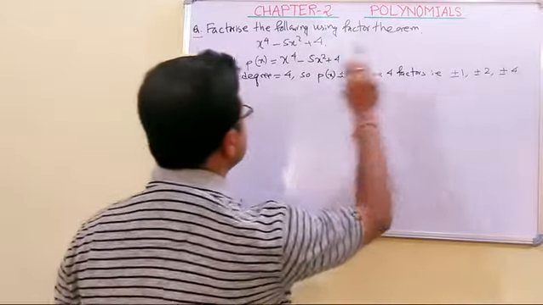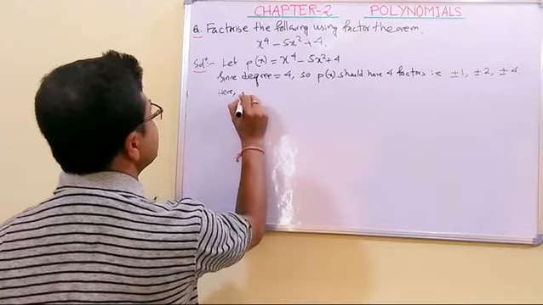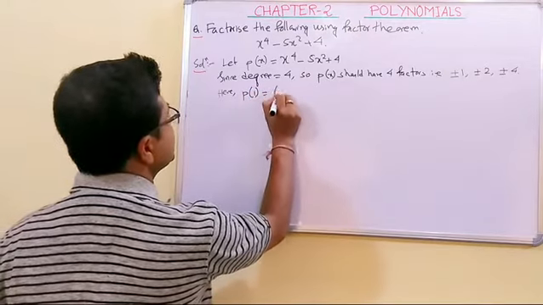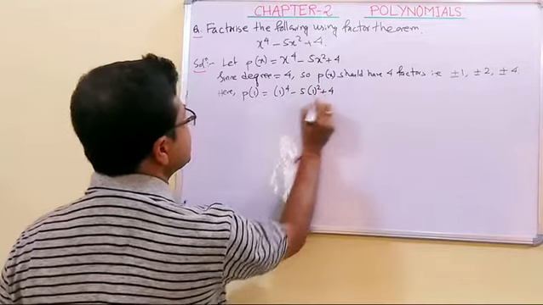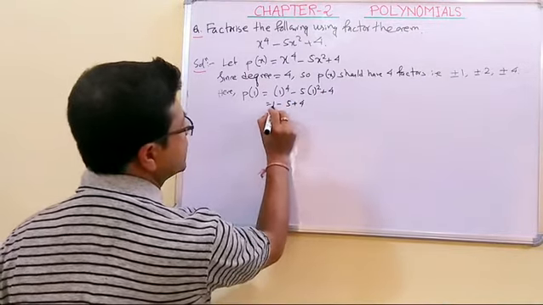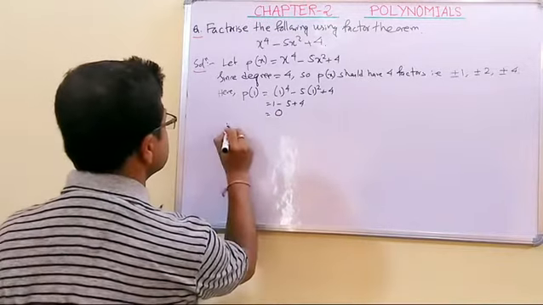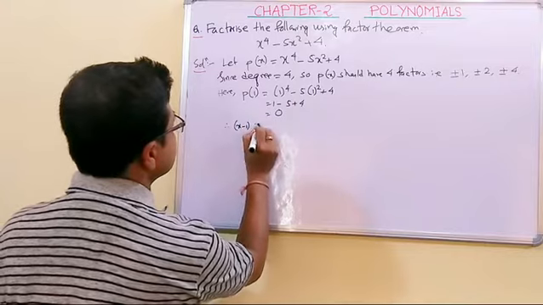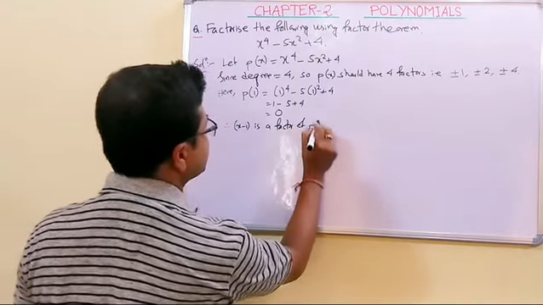Let us take 1 at first. P of 1 is 1 to the power 4 minus 5 into 1 square plus 4. This is 1, this is minus 5 plus 4. 4 plus 1 is 5, 5 minus 5 is 0. That means x minus 1 is a factor of p(x).